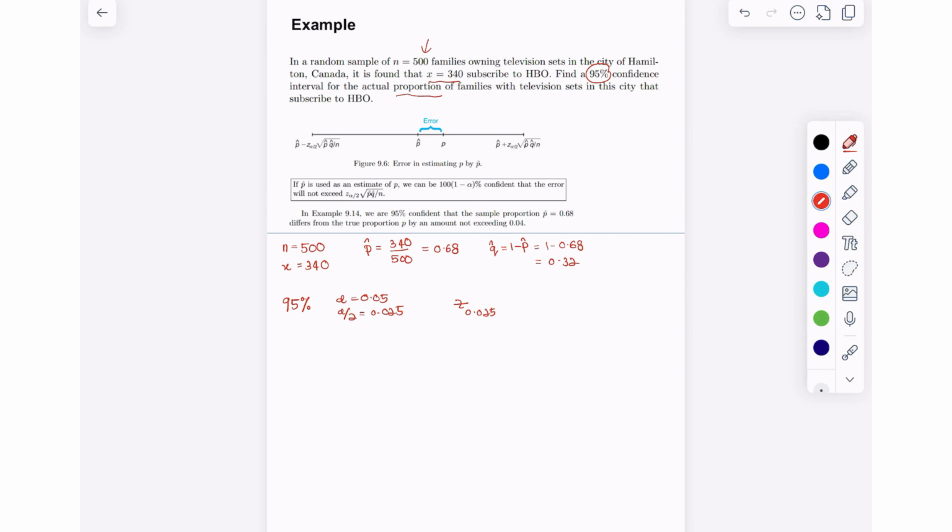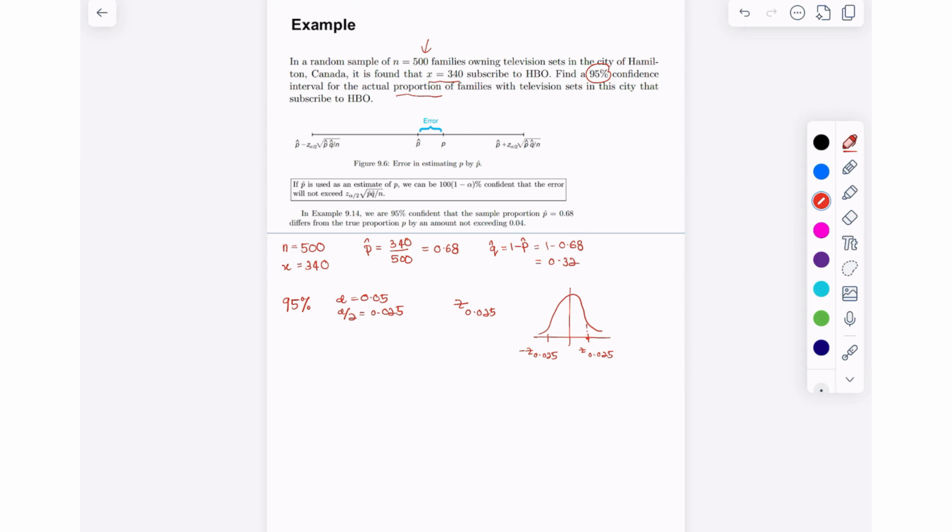Just to illustrate, this is Z 0.025. Since this is the Z table, the normal curve distribution, it is easier for us to find the Z from the negative side, because in the Z table we read the probability or area from the point to the left.